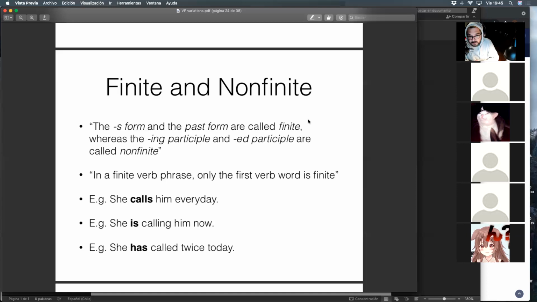In the second example, she's calling me now, the tense is present in the very first auxiliary verb. In this case, the verb to be in its third person singular form. The same happens with the third example. She has called twice today. The tense is expressed by the first auxiliary verb has, by the presence of the S suffix.